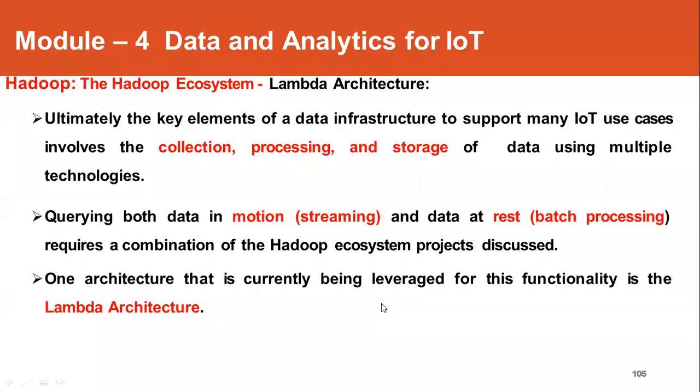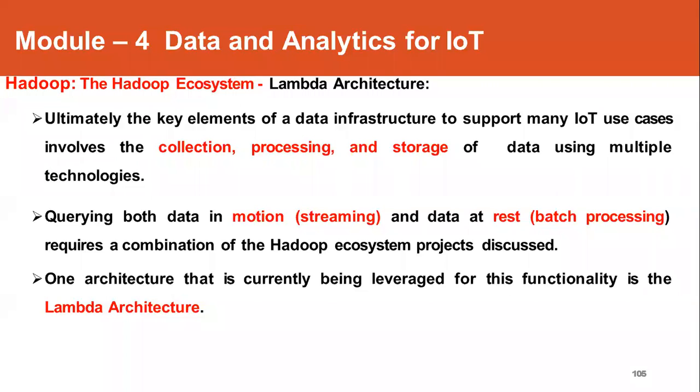The next component we have in the Hadoop ecosystem is the Lambda architecture. The key element of any data infrastructure to support IoT is its ability to collect, process and store data from multiple technologies and different sources.